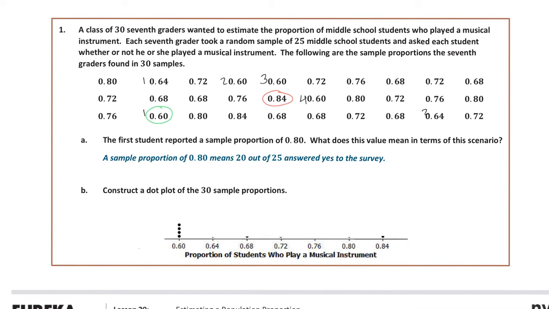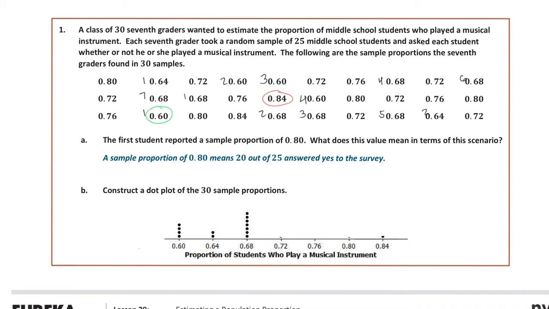Alright, and there's 2, so we will need 2 dots for 64 hundredths. Alright, what about 68 hundredths? I see 1 here, 2 here, 3, 4, 5, 6. And then we got 7 back over here. So under 68 hundredths, we have 7 dots.